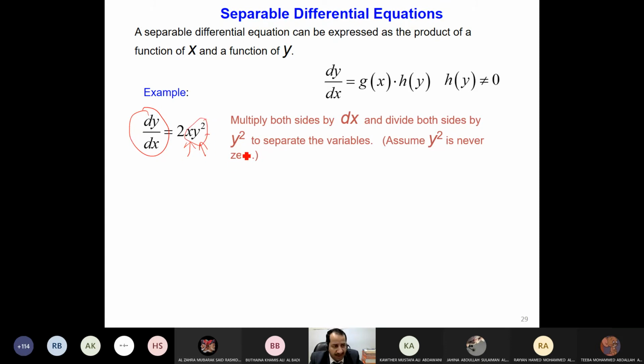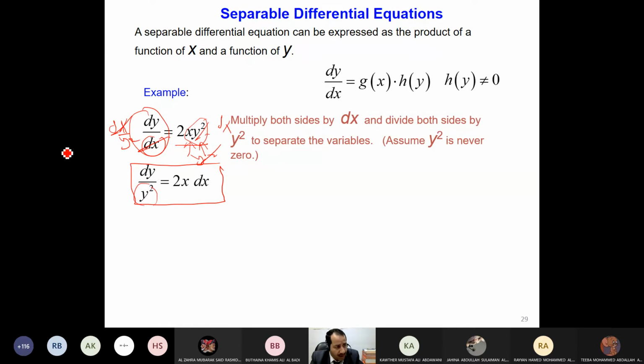I will divide by y squared, as you know. So when I divide here by y squared, here 1 over y squared, this one cancels. And dx here, I want to take it to the other side. I will multiply the equation by dx, and dx here cancels. This is how the new equation looks.